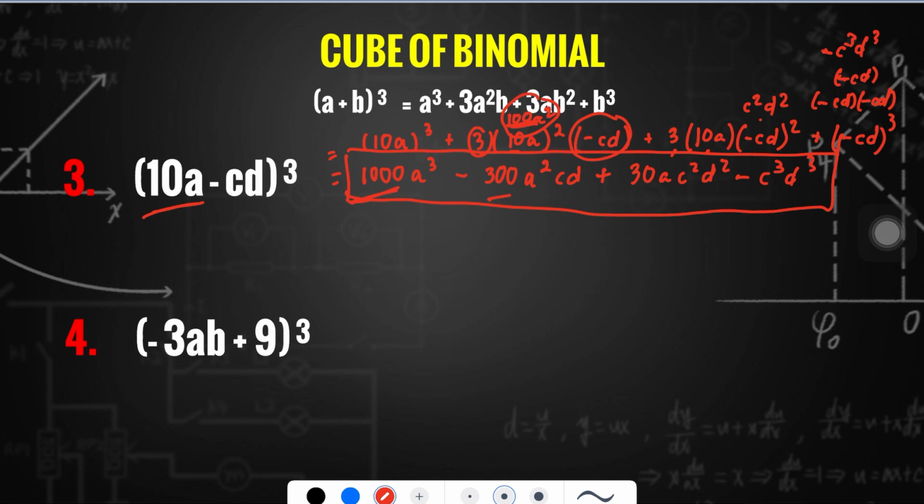Negative 3ab plus 9, quantity cubed. Use this as the guide.